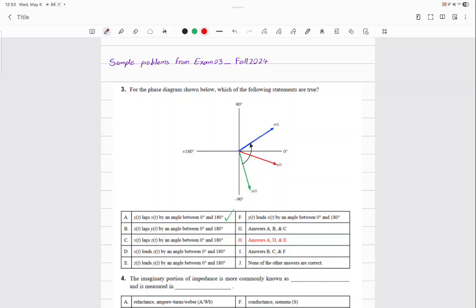Start at Z and get to Y. This is the angle. Now look at choice B. Z lags Y by an angle between 0 and 180. Is it correct? No.